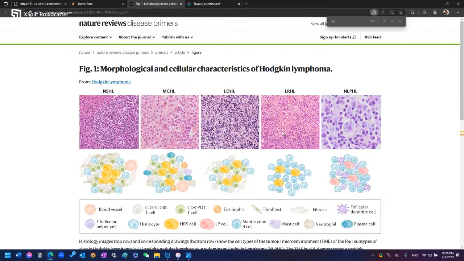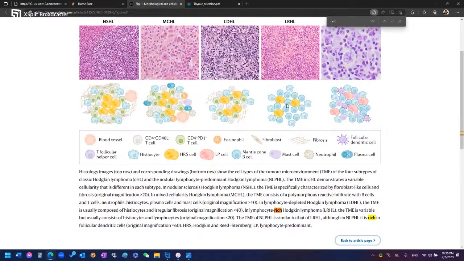So there's Reed-Sternberg cells around here. HRS is Reed-Sternberg. Okay, so that's your yellow. Yellow here is your Reed-Sternberg's.